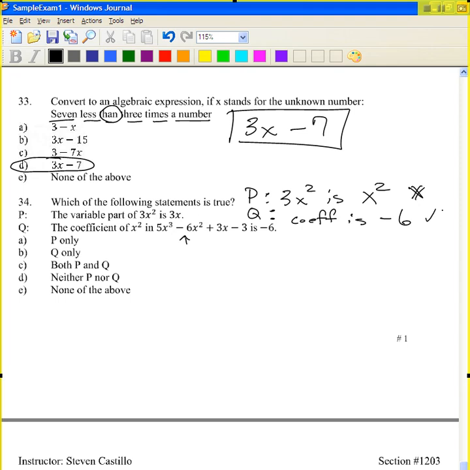So that's true, because if I look here at the coefficient, it is indeed equal to -6. And so I guess Q is the only true statement. And so B.